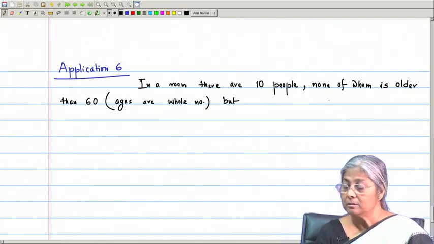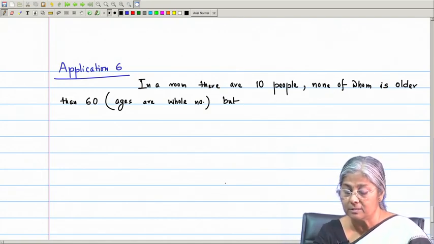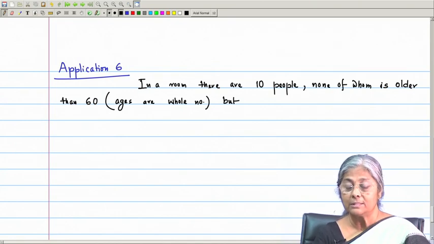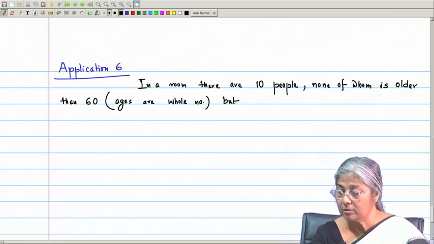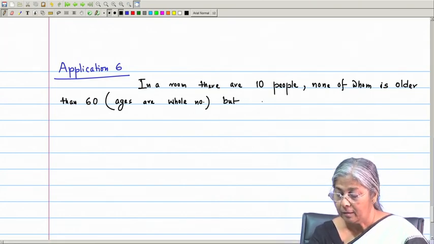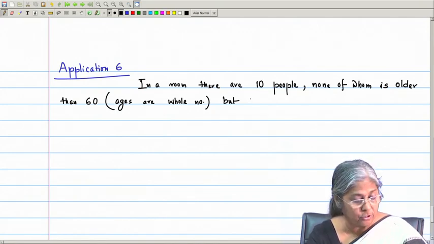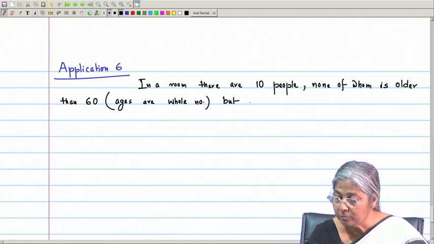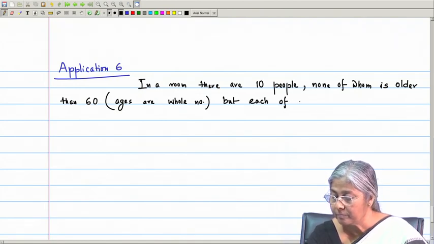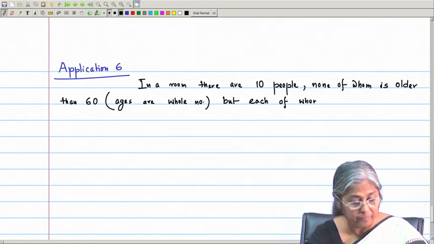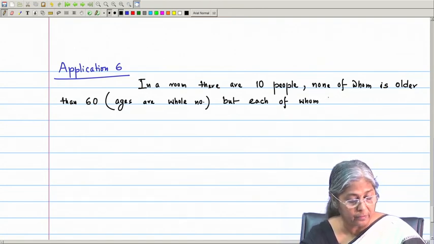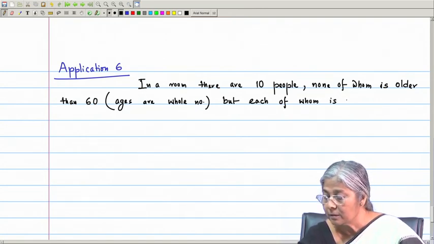So, none of whom is older than 60, that means everyone's age is less than or equal to 60, but each of whom is at least 1 year old.